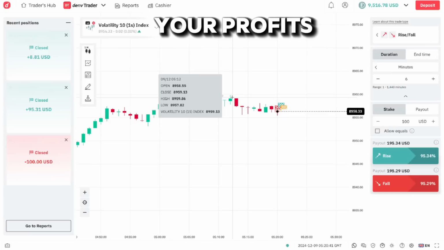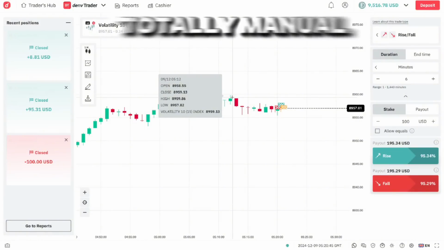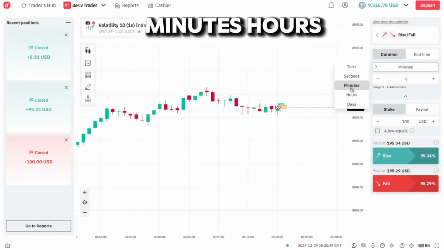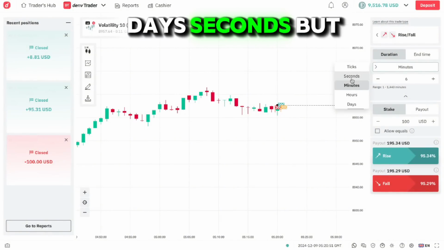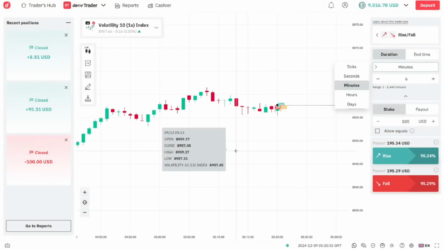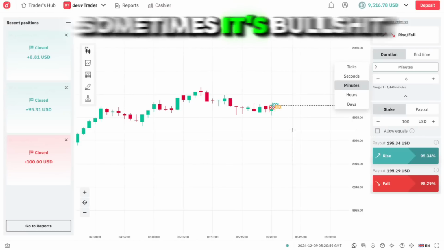You can take your profits or you can cut your losses early. So this is totally manual, but it has to be on duration, if you're doing minutes, hours, days, seconds, but sometimes drawing the lines on computer generated markets is, to be honest, not reliable.